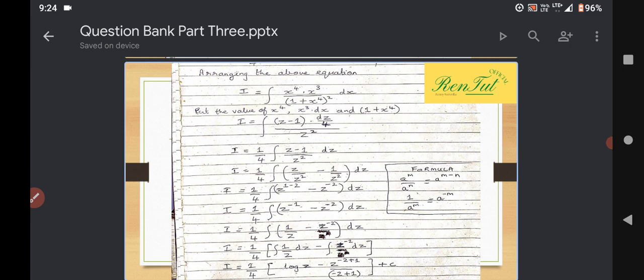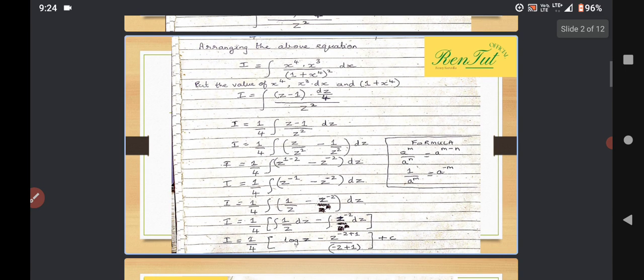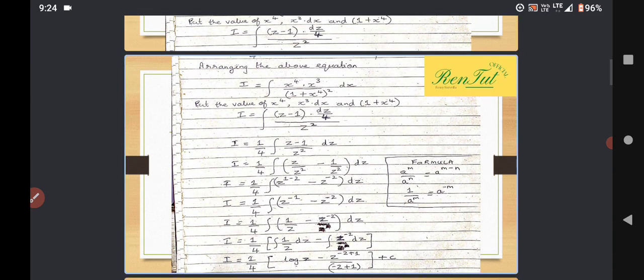This question has been transformed into I is equal to z minus 1, and then dz divided by 4, and then in the denominator z square.